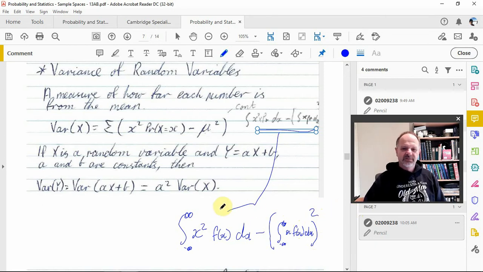So for continuous random variables, this is a version we can use.